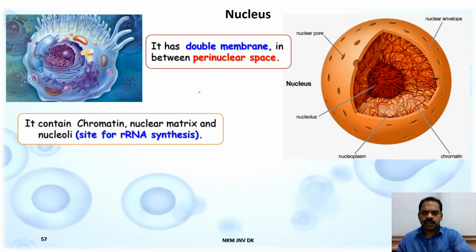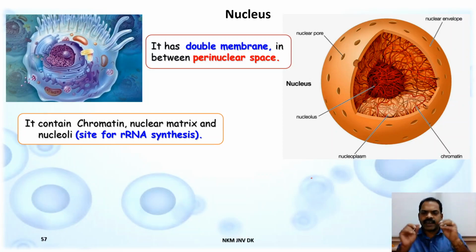Further inside, the nucleus contains chromatin, nuclear matrix, and nucleoli. Three basic components inside the nucleus. The nuclear membrane is a double membrane structure, with outer and inner membrane and the perinuclear space in between. Chromatin reticulum is there inside.